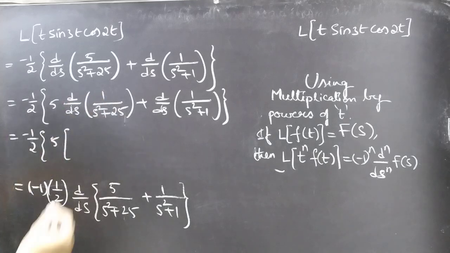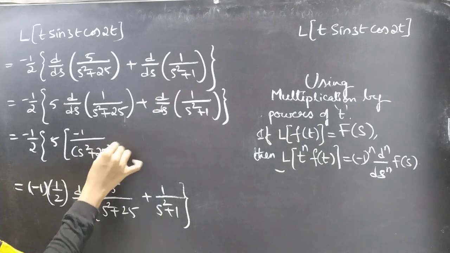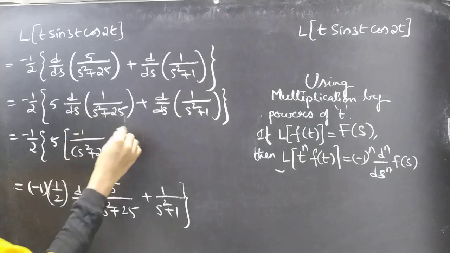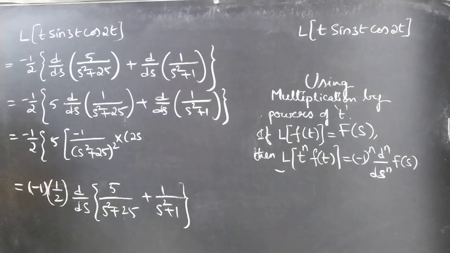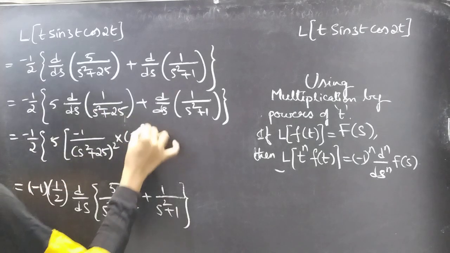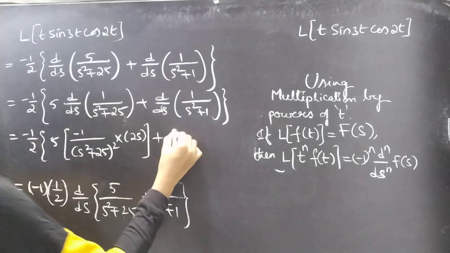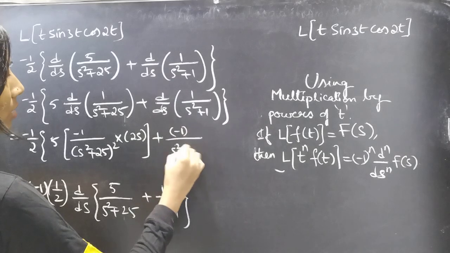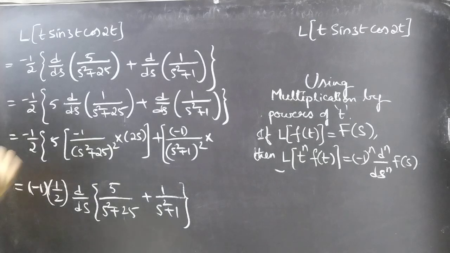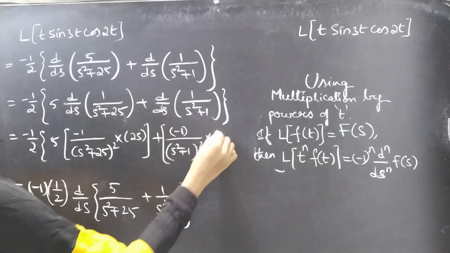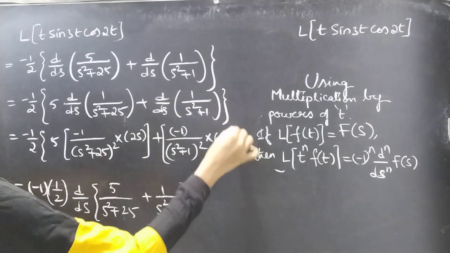Derivative of 1 by s square plus 25 is minus 1 by s square plus 25 whole square into the inner derivative. Derivative of s square plus 25 is, derivative of s square is 2s plus derivative of 25 with respect to s is 0, so you'll get 2s here. Plus derivative of 1 by s square plus 1 is minus 1 by s square plus 1 whole square into the inner derivative, that is derivative of s square plus 1. Derivative of s square is 2s plus derivative of a constant with respect to s is 0. So you'll get 2s here.